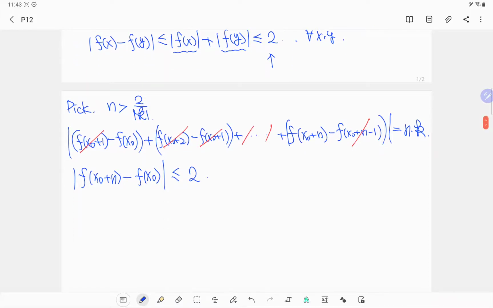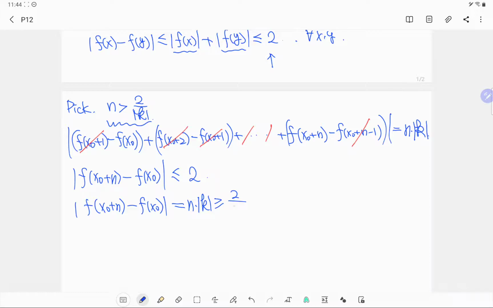However, we have this one, which equals n times k. And as much as we pick n larger than this one, so we have this to be larger than 2 over, we should have an absolute value here.